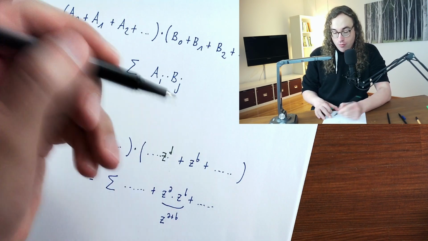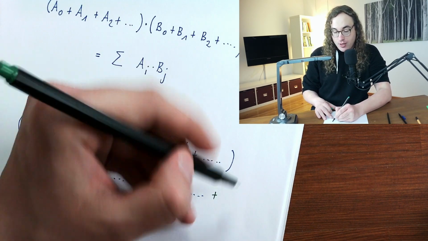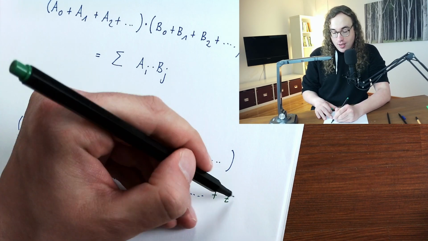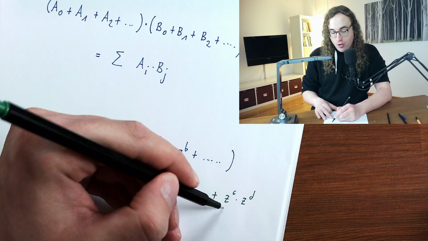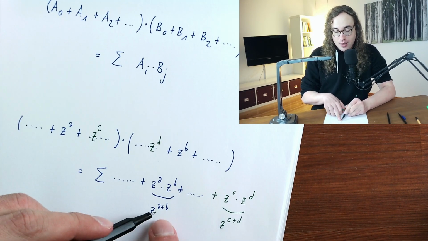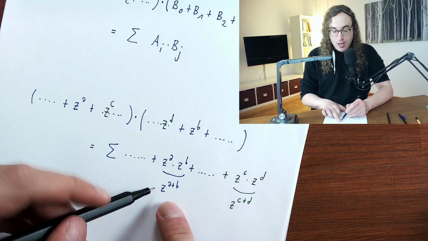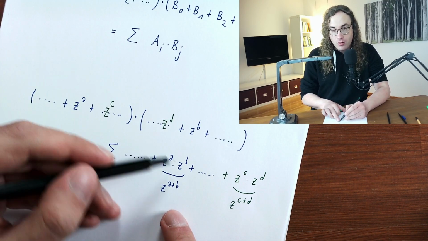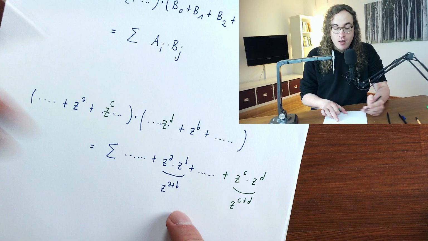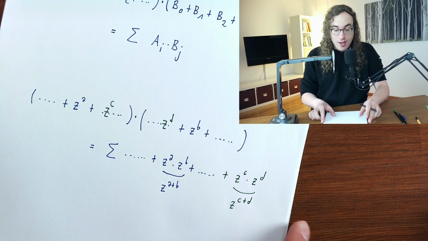And because these are in here, somewhere in this big sum, you get z to the c times z to the d, which of course simplifies to z to the c plus d. But what could happen is that a plus b is the same as c plus d. So really what would happen is that you get this monomial twice. Okay, so this is a general observation in such products, and we ought to generalize this a little bit.